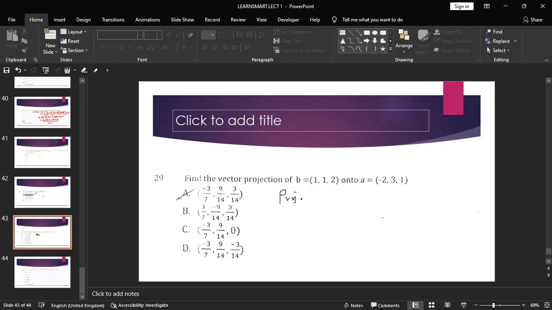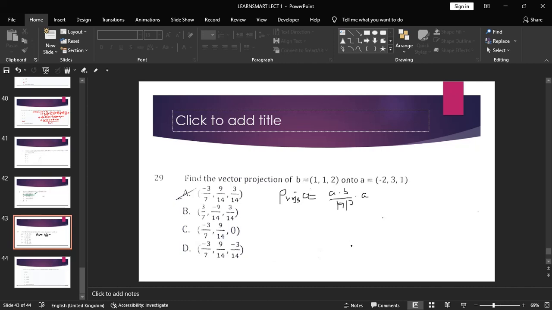We have A dot B divided by the magnitude of A raised to the power 2, and then multiply it by A itself. It's something like this, B onto A. So let's use this approach to find out the values.